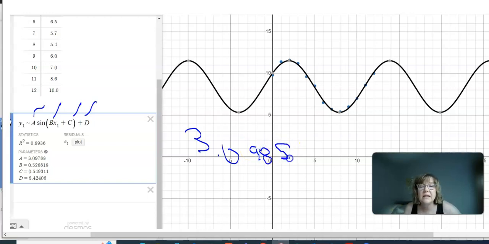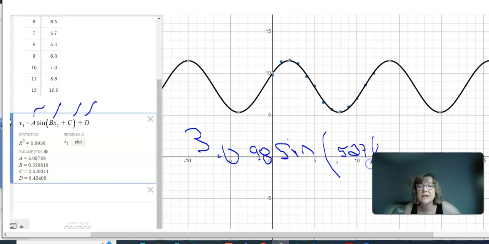And then sine, and I can't write with a mouse very well, so I apologize. Parentheses, my B is what? 0.527. 0.527 is my coefficient of X.